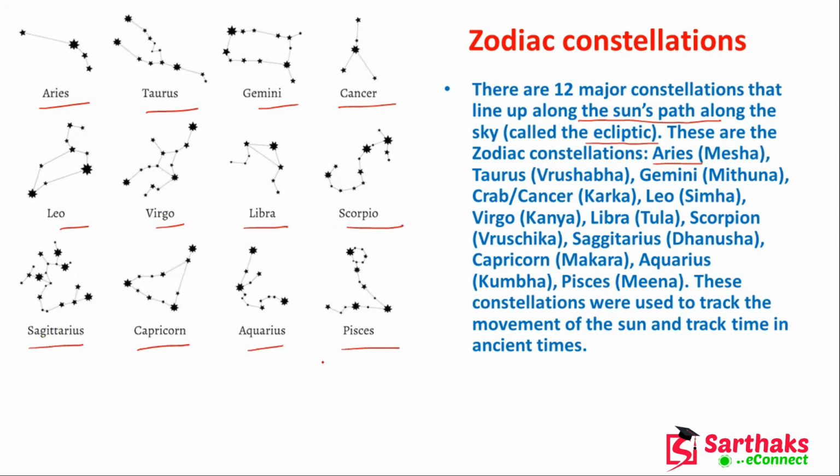Astronomers and astrologers mostly use these names, and these constellations were used to track the movement of the sun and track time in ancient times. Okay, so these are used for this.